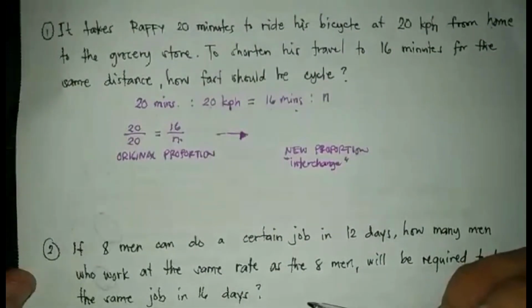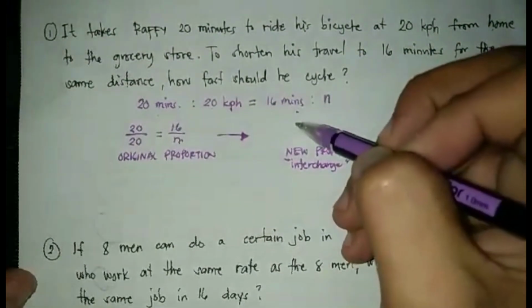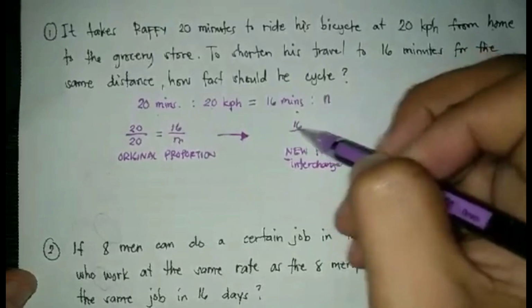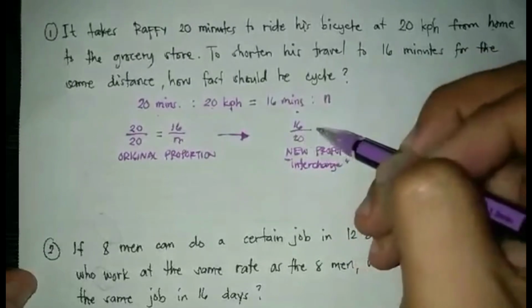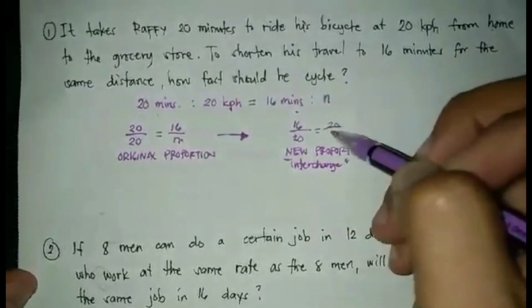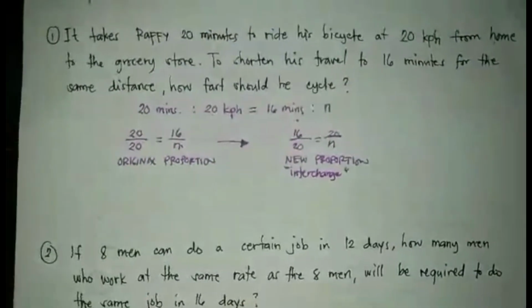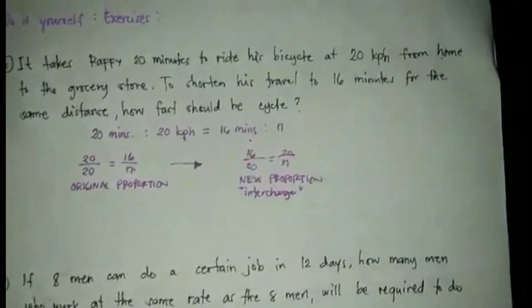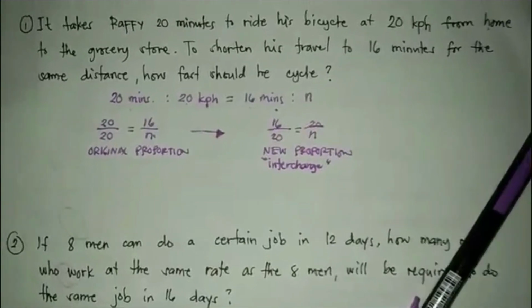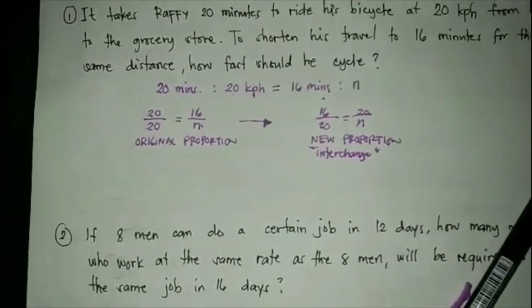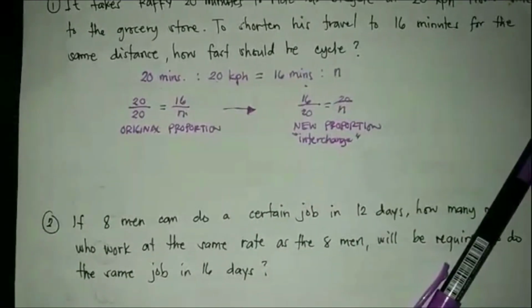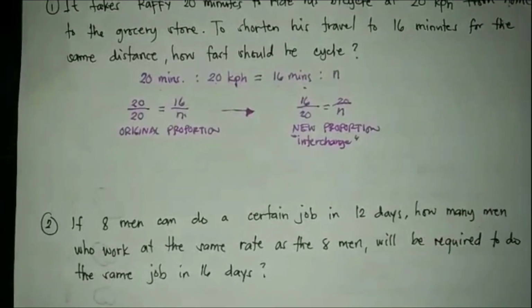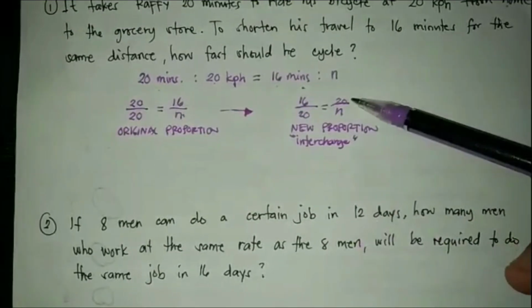So, pagpapalitin natin yung sa taas. Yung 16 dito, then 20 equals 20 is to n. So magiging yung new proportion natin is 16 is to 20 equals 20 is to n.